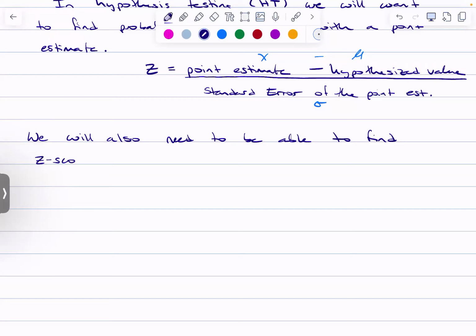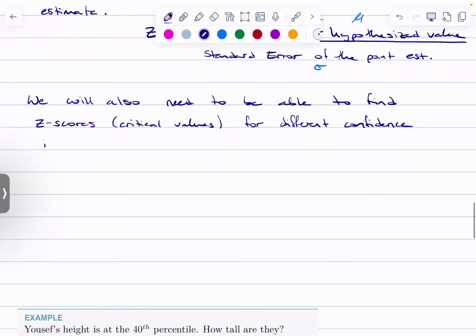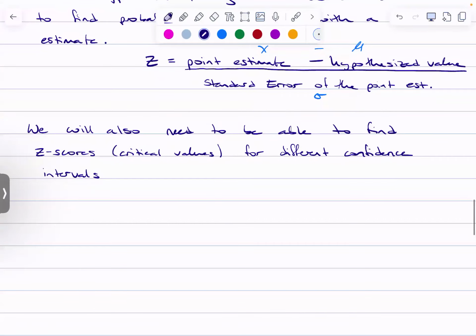Find Z scores, which we'll call critical values, for different confidence intervals. Because a confidence interval generically looks like this.